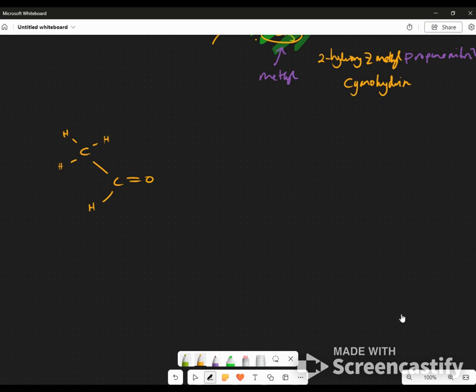Now, if you remember, this whole thing is trigonal planar. So the CN could attack from the top, or the CN could attack from the bottom. If it attacks from the top, we get this thing, the CN, you get the C there, and everything bends down, as it were. You get the OH, and you get the H.